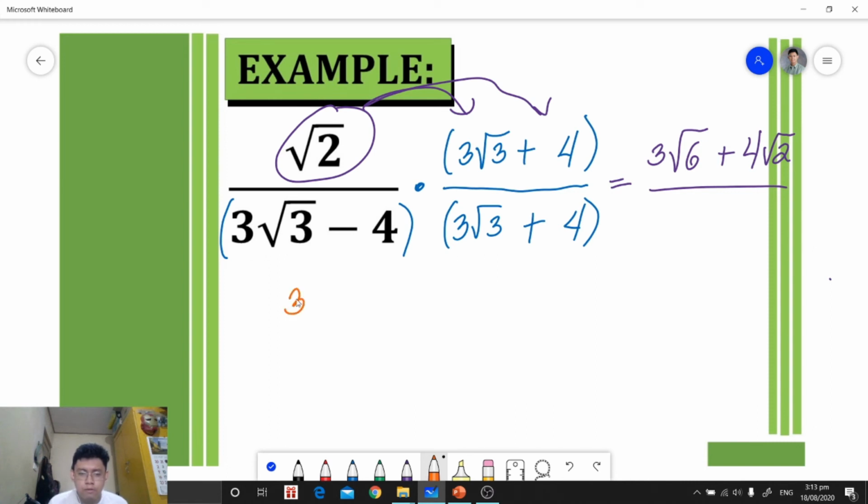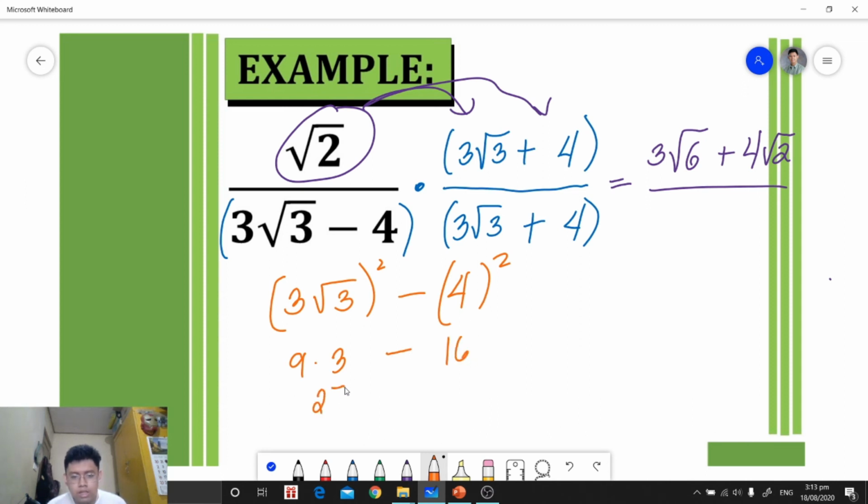So copy the first term and then square it, minus copy the last term and then square it. So again, the square of 3 square root of 3 is 9 times 3, minus 16. So 9 times 3 is 27 minus 16, we will have 11. So our denominator will be 11.